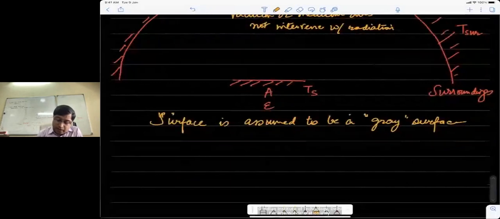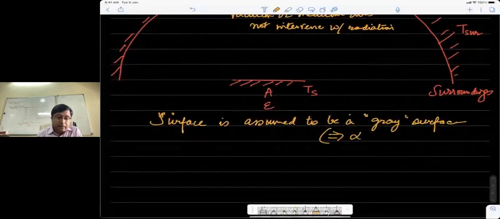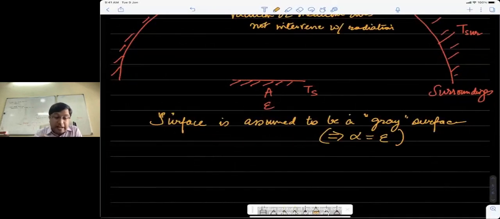And a gray surface is one in which the absorptivity is the same as the emissivity. We'll prove how this comes in. This is a very famous law as well, but for now let's say the absorptivity is the same as the emissivity. In that case, I can calculate the net amount of heat transfer from this surface to the surroundings.